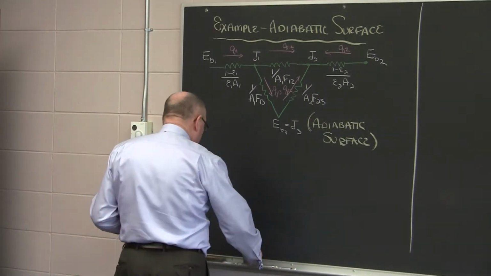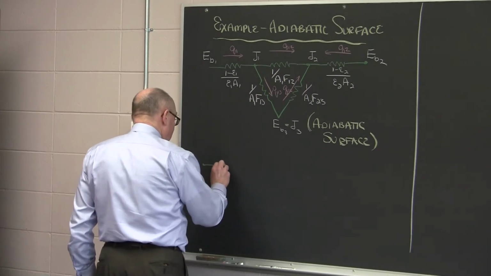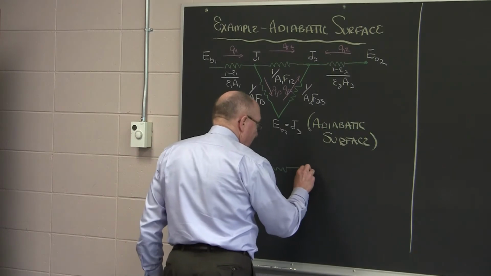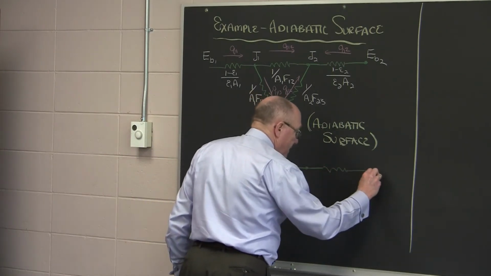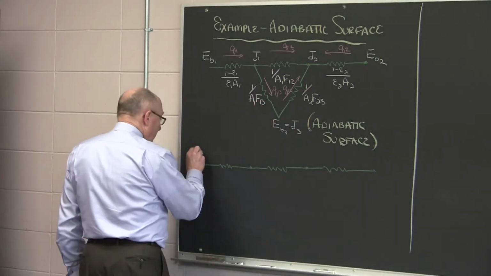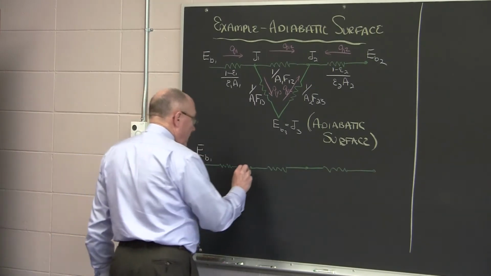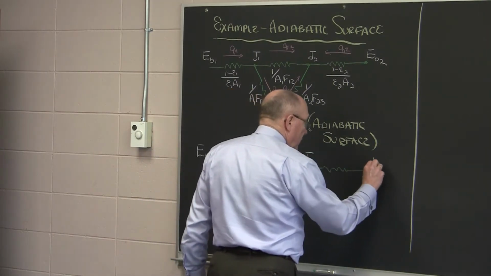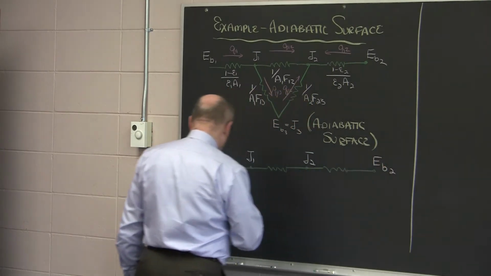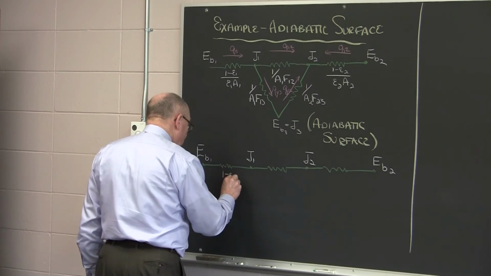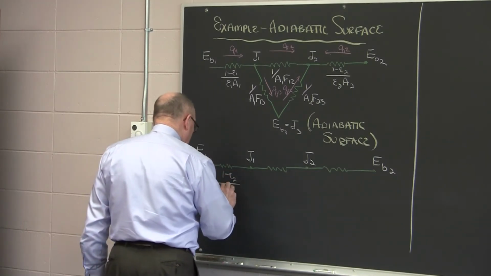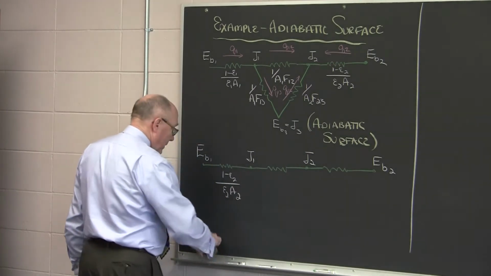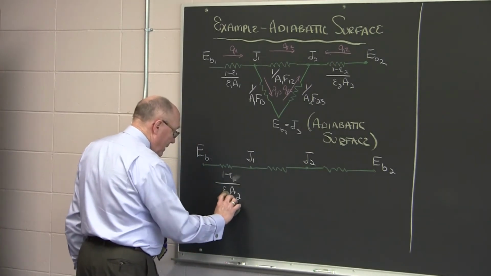So now we're going to rewrite this circuit as such. This would be EB1, this is J1, this is J2, this is EB2. Again, 1 minus epsilon 2 over epsilon 2 A2. Excuse me, not paying attention here, thinking ahead.